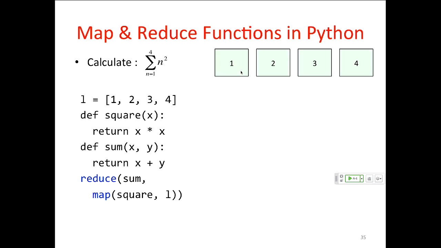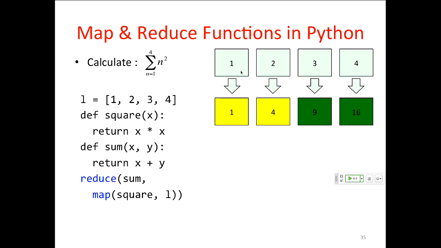So let's see. We have a data set here. Then the map function applies this scale function to each element inside this list, so then you can get the scale of each element, like this.